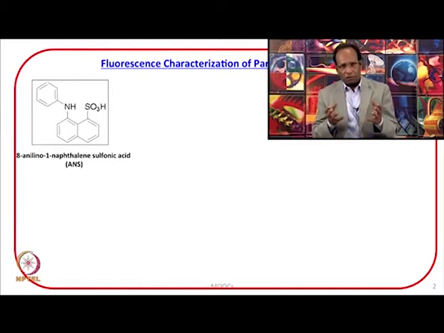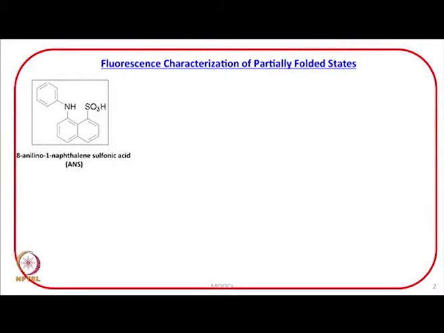When the protein is in an in-between state, that is the partially folded states such as the molten globule state, where it is not completely unfolded, the MG state will have several hydrophobic clusters available, and molecules like ANS can go and bind to those hydrophobic clusters. And hence this will lead to change in the fluorescence properties of the ANS.